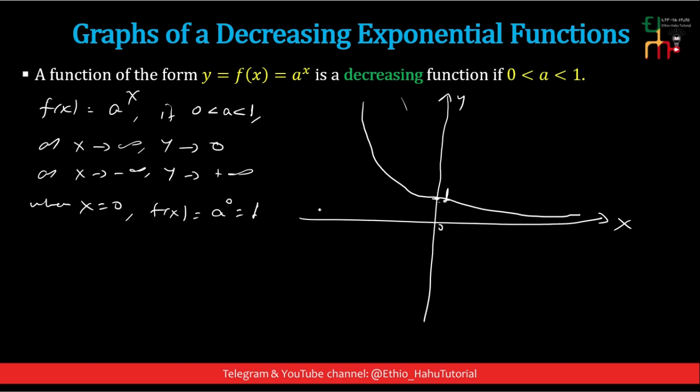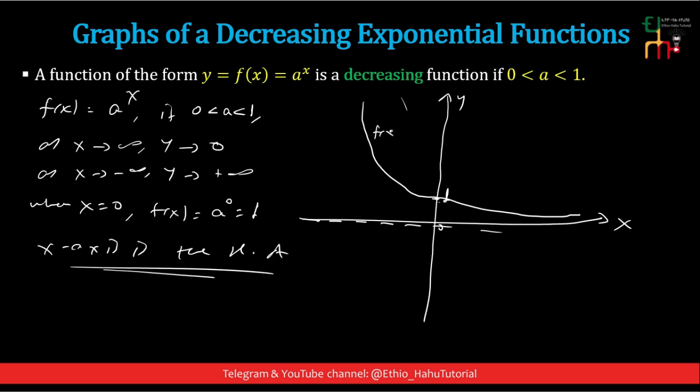And the horizontal line, the x-axis, is a horizontal asymptote. And this graph is f of x is equal to a to the power of x, where a is greater than 0 and less than 1, between 0 and 1.